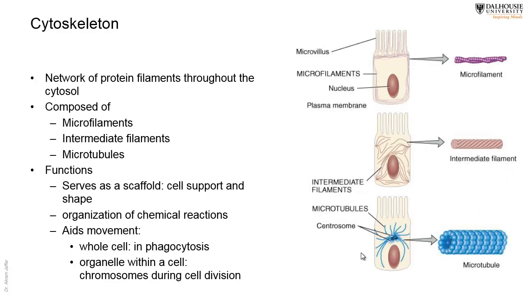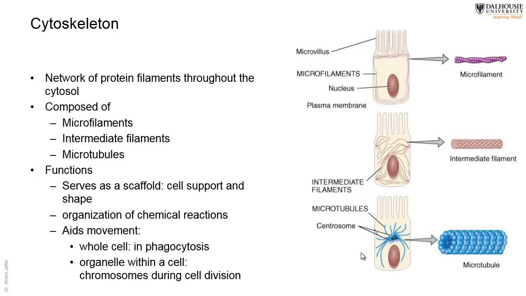Last point about the cytoskeleton. The cytoskeleton is the cell organelle that does not have a membrane. You remember, some of the organelles are membranous, others are non-membranous. The membranous have single membrane or double membrane, but the cytoskeleton has no membrane, and it's a network of protein filaments.